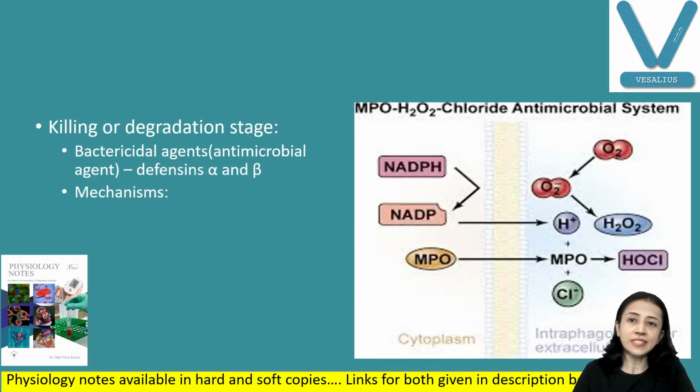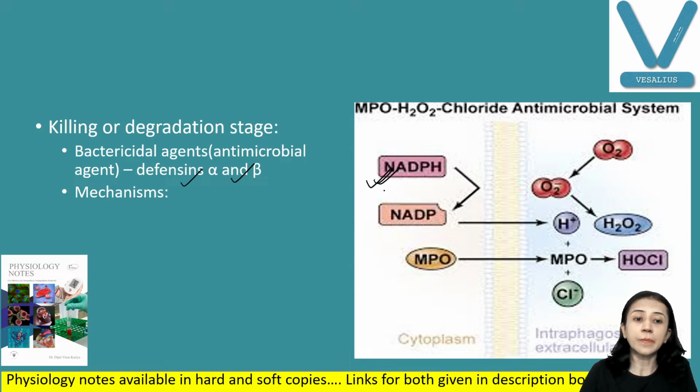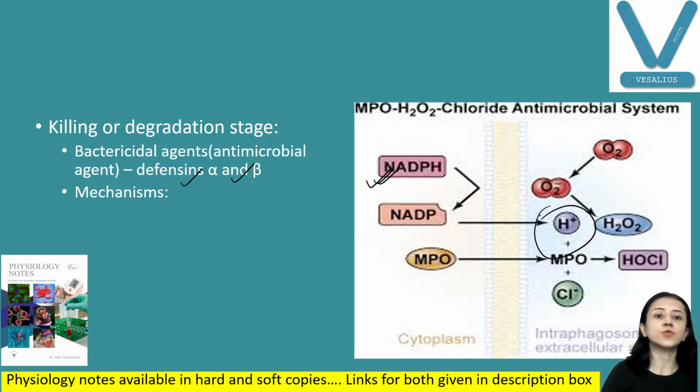Okay, so lastly, there is the killing or degradation stage, that is bactericidal agents. Antimicrobial or bactericidal agents, defensins alpha and beta, they cause degradation. What is the mechanism? You can see here, for that NADPH oxidase plays an important role. This NADPH oxidase is present in the cell membrane, and this causes conversion of NADPH into NADP plus H plus, that is released, and because of that, certain superoxides are released, and they are responsible for the destruction of the bacteria.